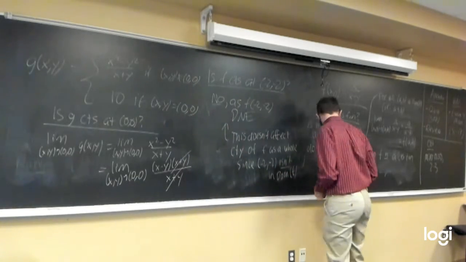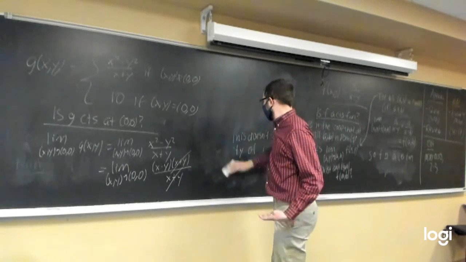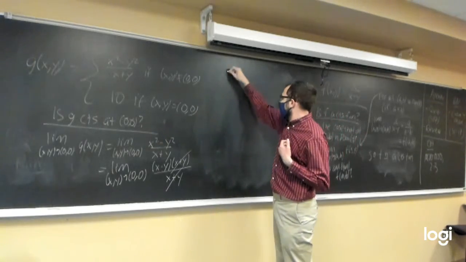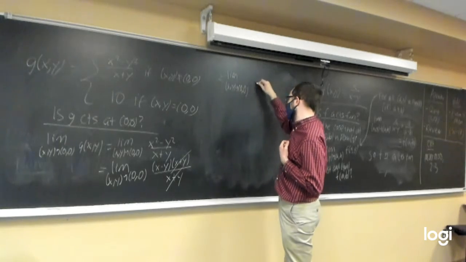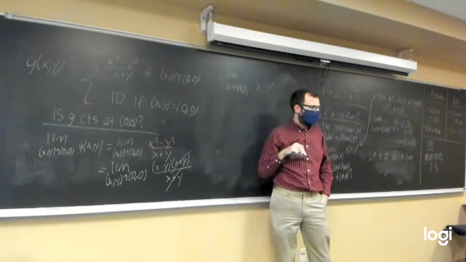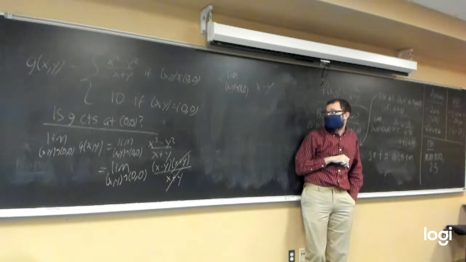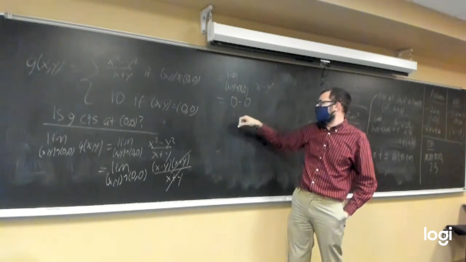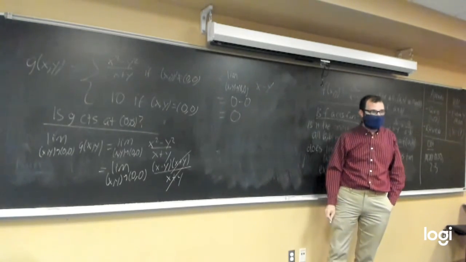Give it the old swoosh swoosh. And when we do that, we'll be left with the limit as xy goes to 0, 0 of just x minus y. And at this point, we could just plug in 0 for x and y, and it turns out that the limit came out to 0.